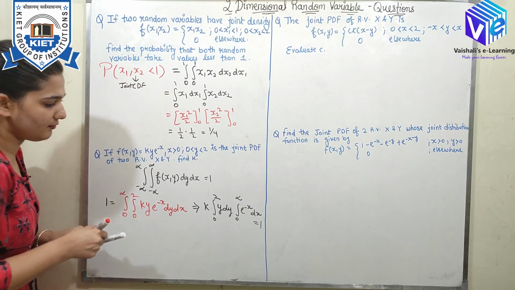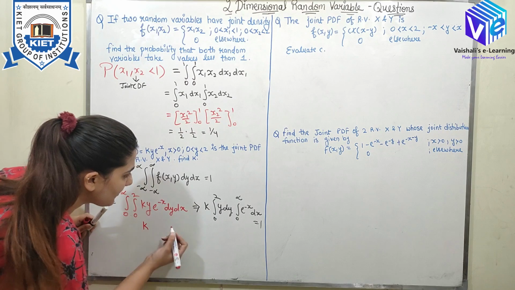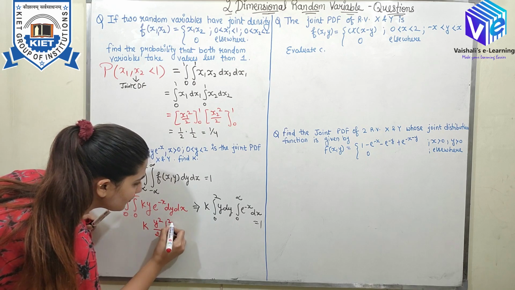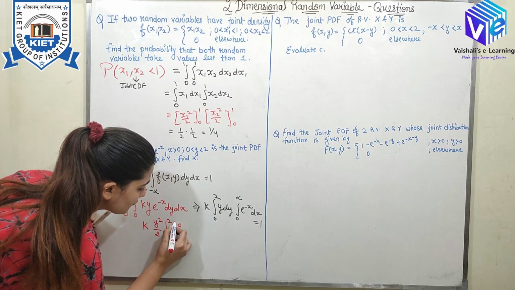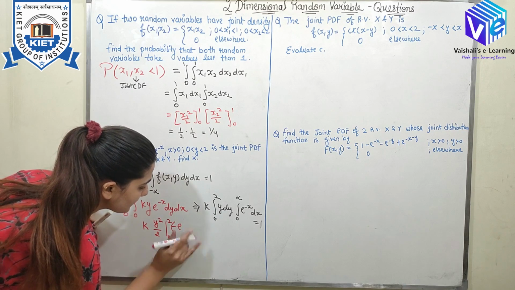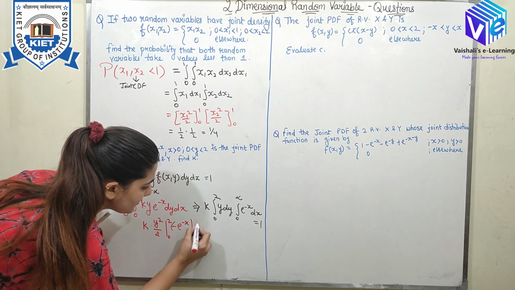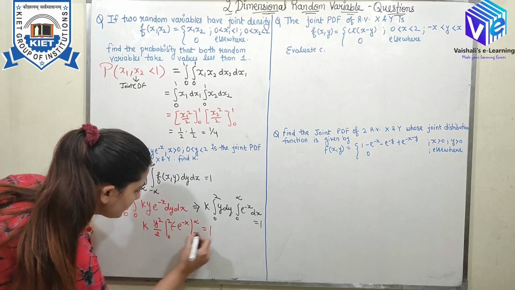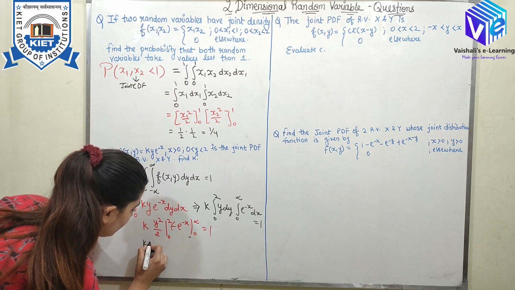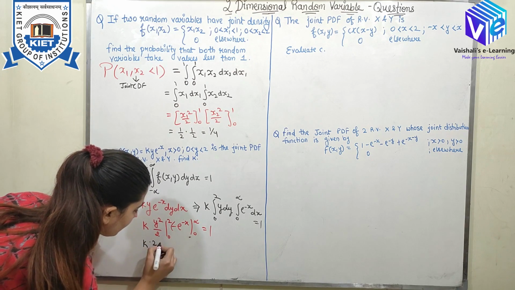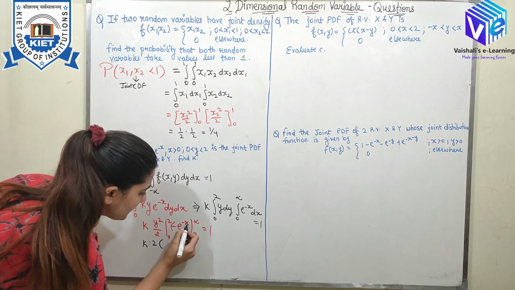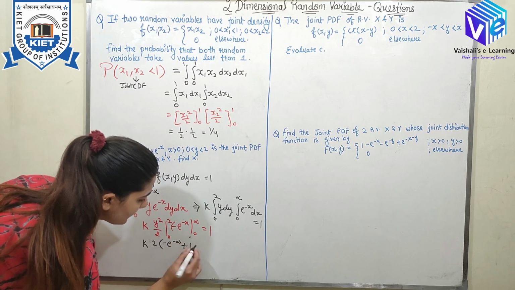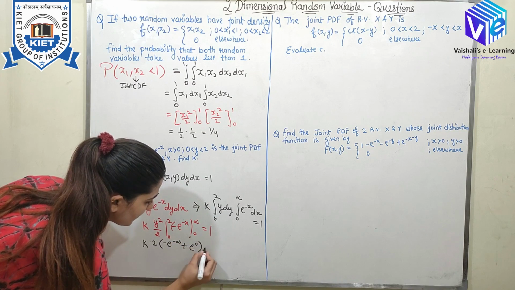Now when I integrate it, it would come out to be k times y square upon 2, with limits from 0 to 2, and minus e raised to power minus x, with limits again 0 to infinity, equal to 1. Now putting the values of the limits, k into 2 multiplied by minus e raised to power minus infinity plus e raised to power 0, equal to 1.